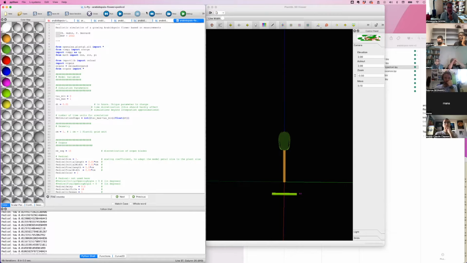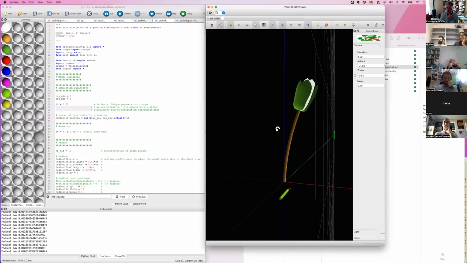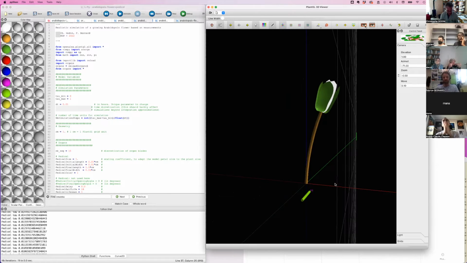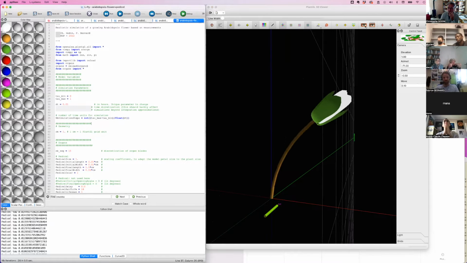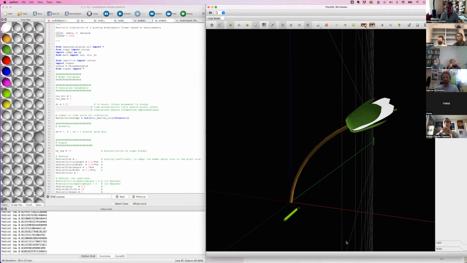So for instance, if I grow this, okay, you see that the sepals are going out. The system starts to bend. Maybe I should open this a bit more. Now you see that the carpel is getting out of the system.